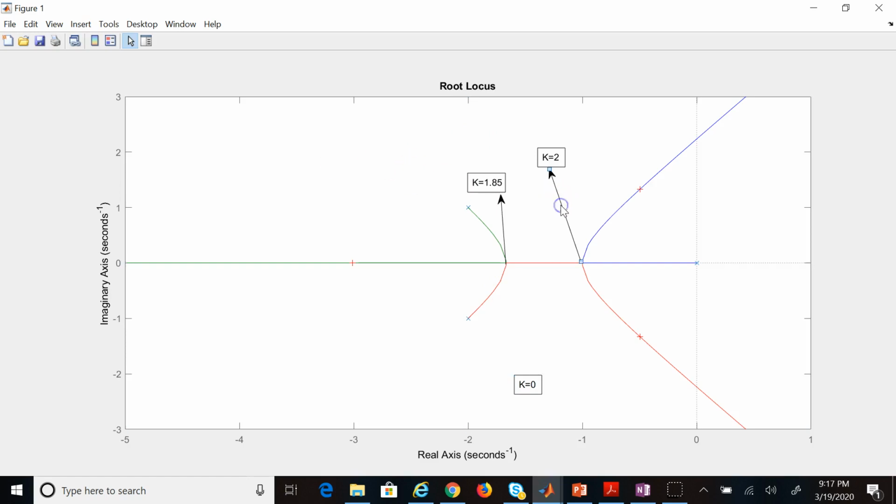And let me use an arrow. So at the original points, k here is 0, and then here is also 0, and here it is also 0.